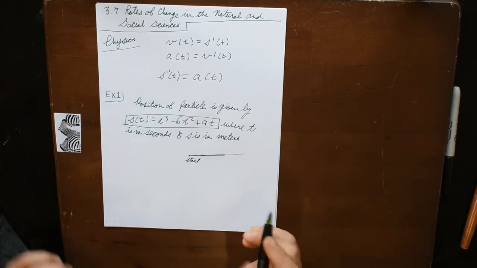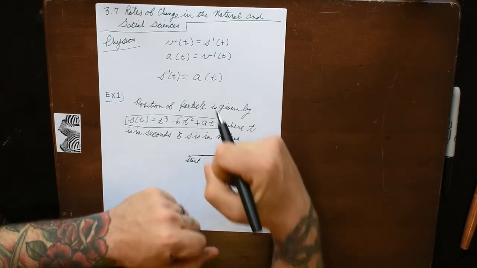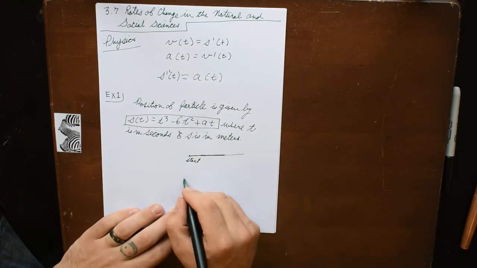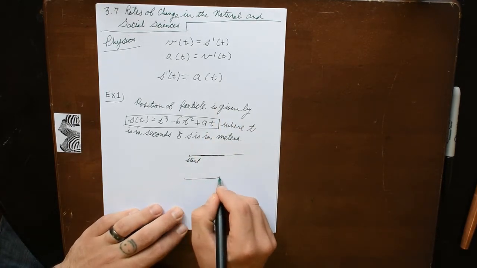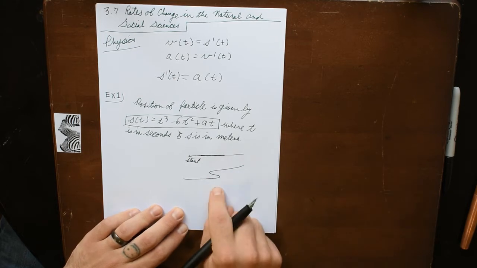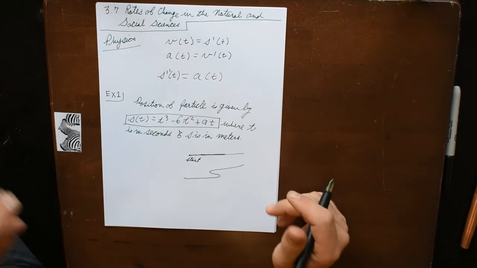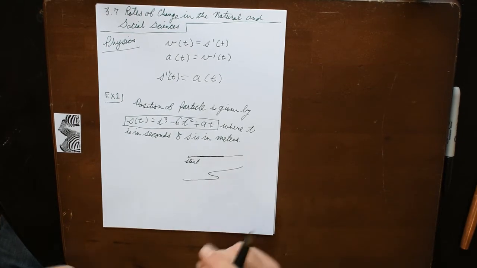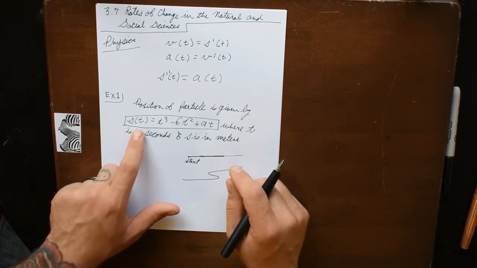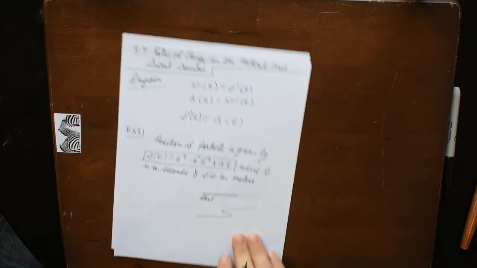This is really going on in one dimension. If we were to accordion this up, it's possible for a particle to double back, and we're going to see that happens to this particle. But I wanted to say that off the bat. So though it is position, you can think of it more as displacement.